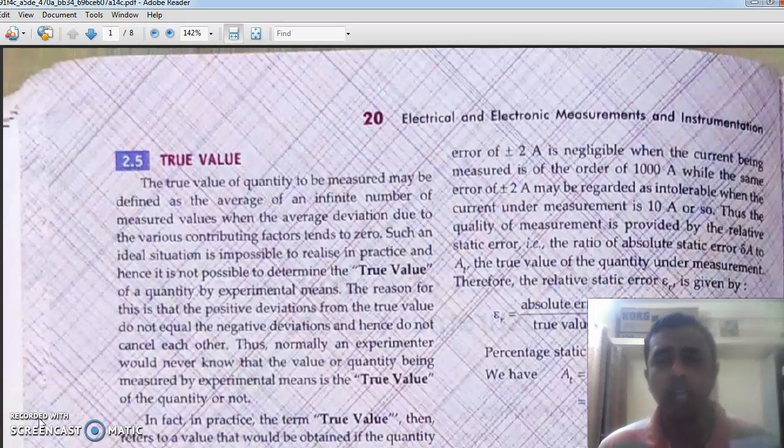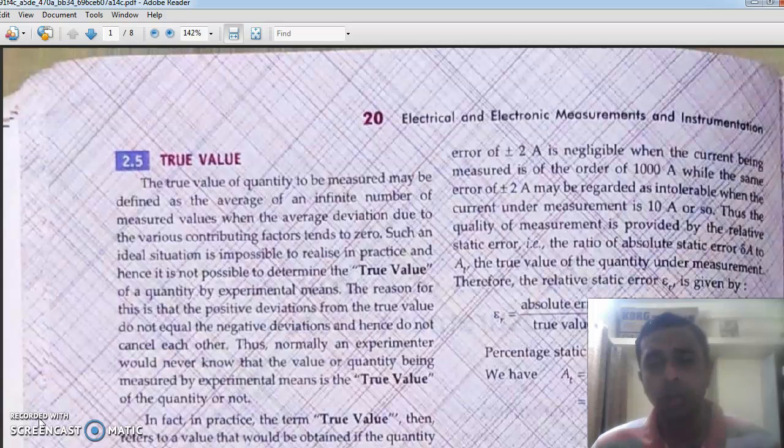While taking one example, if you are making a 1,000 ampere reading, then a static error of plus or minus 2 amps is negligibly small. But the same error, plus or minus 2 amps, if you make while you make a measurement of 10 amps, is a considerably large error. So simply specifying the static error doesn't make any sense.